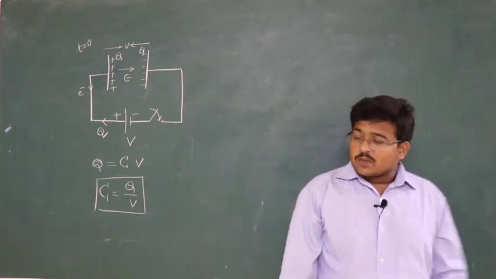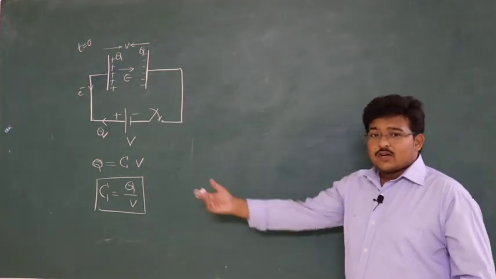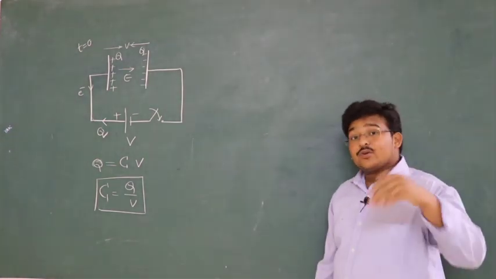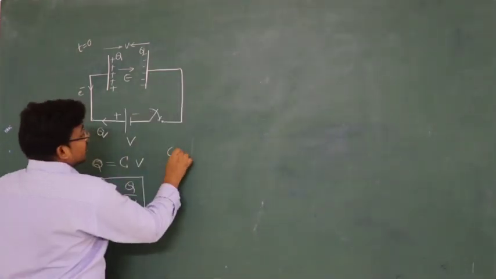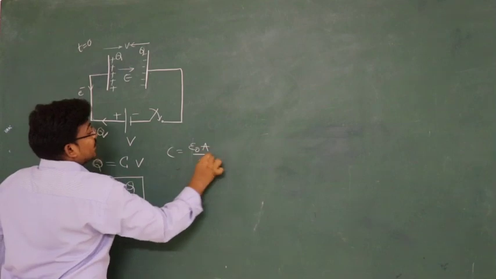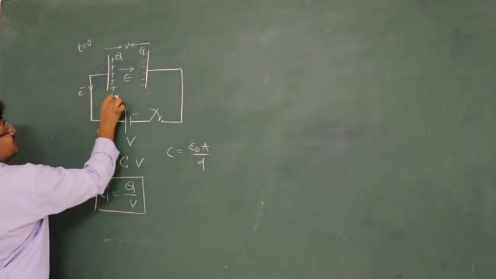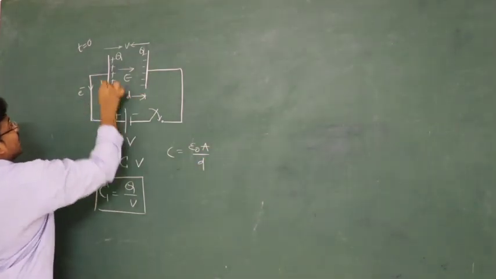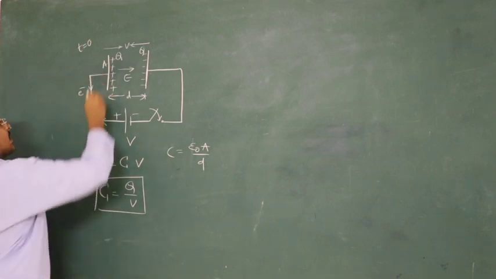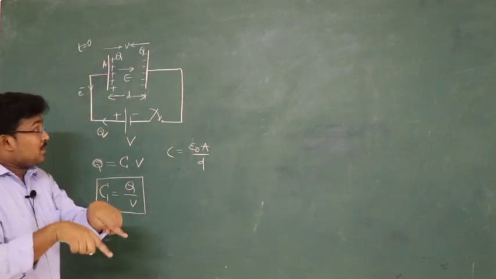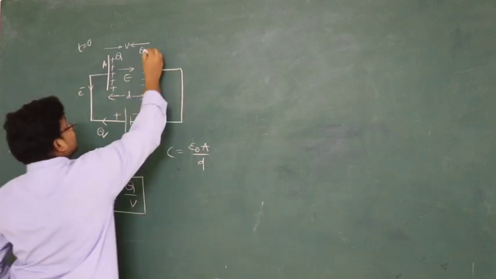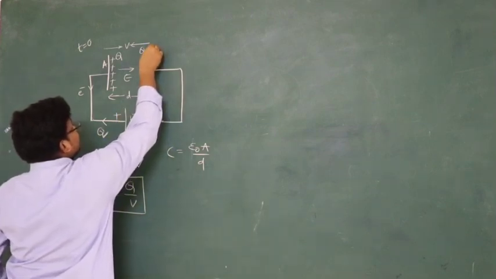Right. So we will see one problem based on this one. You can find out the capacitance of the parallel plate capacitor, and you know that the capacitance formula for a parallel plate is epsilon naught A by D. This is the distance between the plates, and this area is capital A. I am just writing parallel lines, but actually this capacitor plate will be like this.